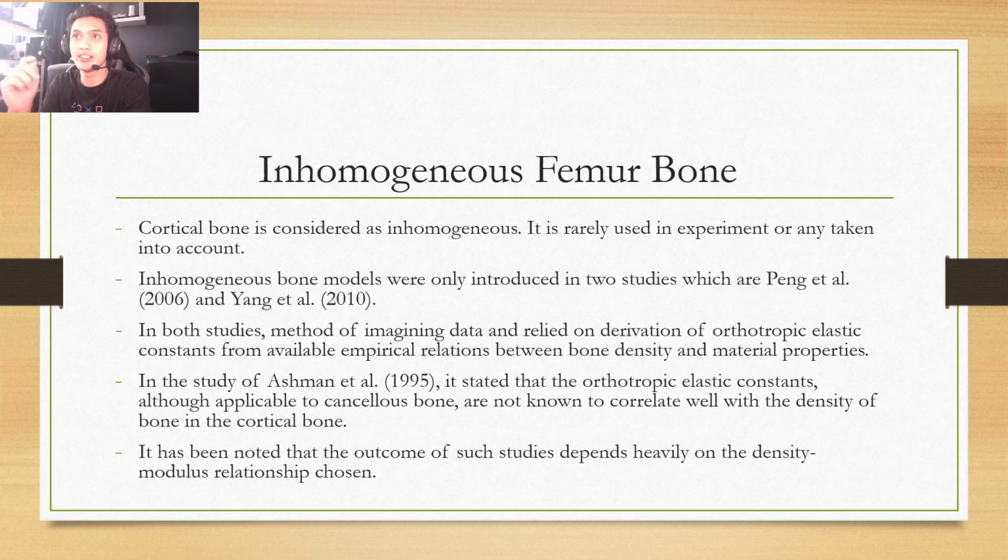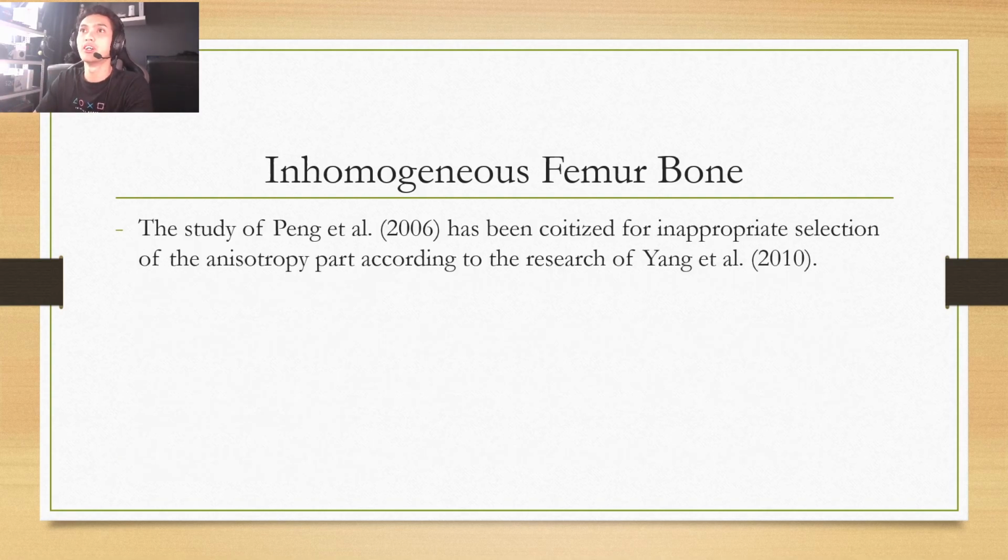But in the study of Ashman 1995, it is stated that orthotropic elastic constants, although applicable to cancellous bone, are not known to correlate well with the density of bone. That is the problem between these three studies. The study of Peng 2006 has been criticized because of a lot of problems that occur in the study.